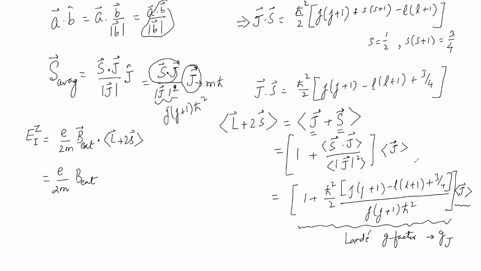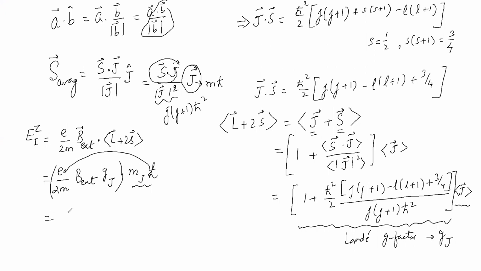Then what I am telling you is that you can call this as Gj, and then J is being measured in units of MJ h cross. This MJ h cross is associated with the expectation value of this capital J. Now this h cross I will bring to this side.